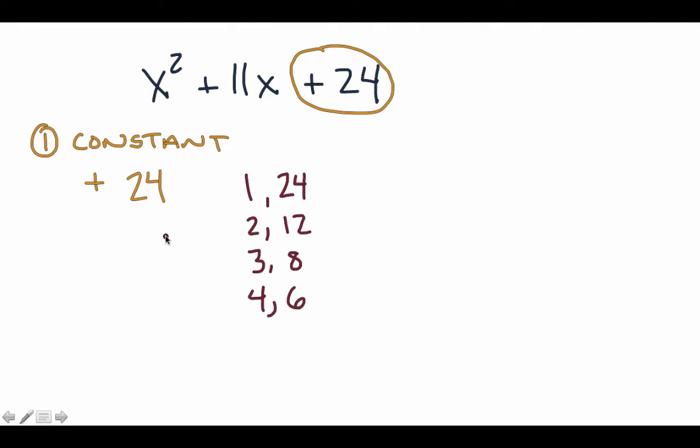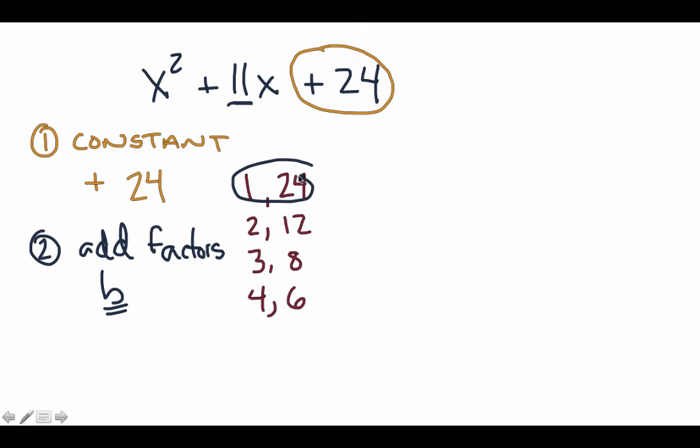So the second step is, because it's positive, our second step is add factors. And when we add factors, we're looking for b. We're trying to find an 11. 1 plus 24 is 25. That's not it. 2 plus 12 is 14.